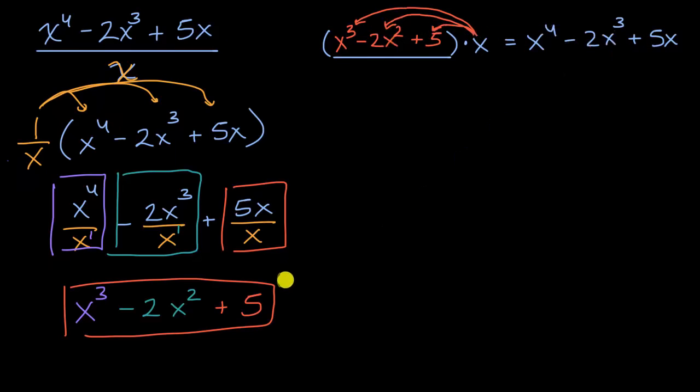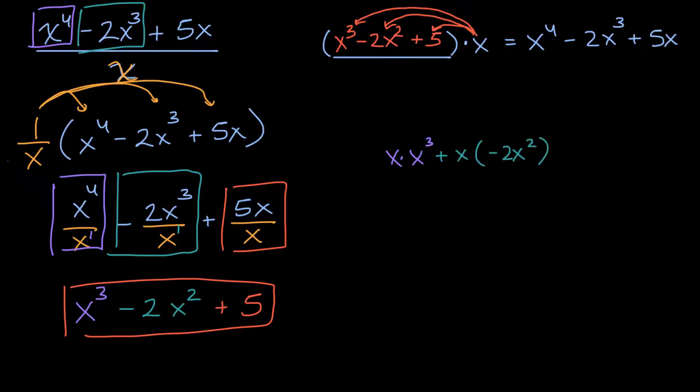Now, I mentioned there's two ways that I could do it. Another way that I could try to tackle it is I could look at this numerator and try to factor an x out. I would try to factor out whatever I see in the denominator. So if I do that, actually, let me just rewrite the numerator. I can rewrite x to the fourth as x times x to the third. And then I can rewrite the minus 2x to the third as plus x times negative 2x squared.